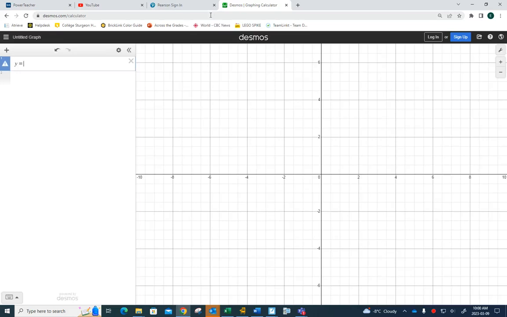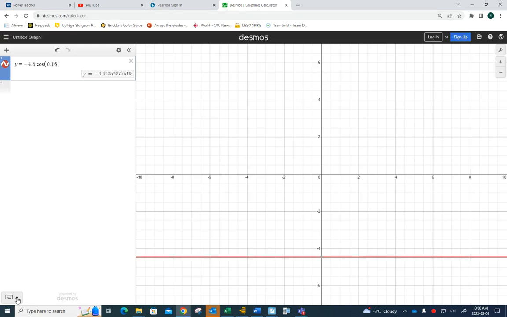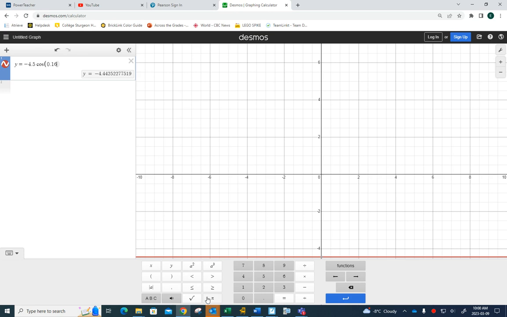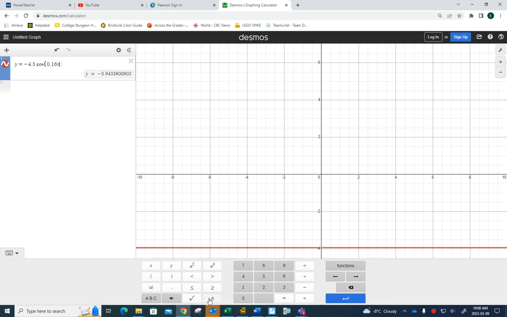What we're going to do is, either in your graphing calculator or in Desmos, type in the equation. The equation that we had was negative 4.5 cos of 0.16, and I believe there's a place where you can even click and have pi get added in.